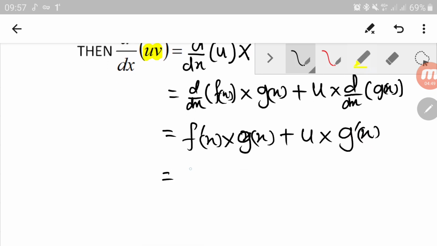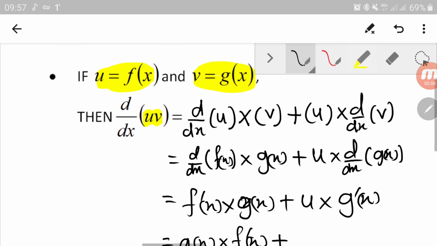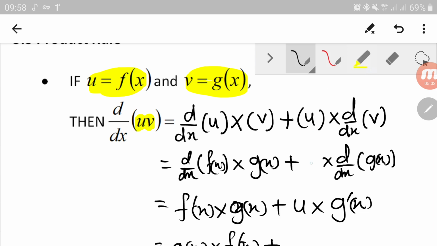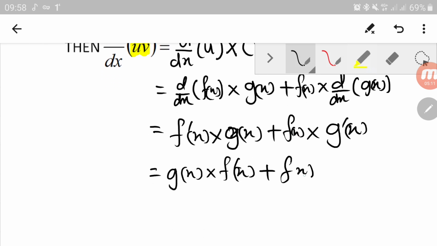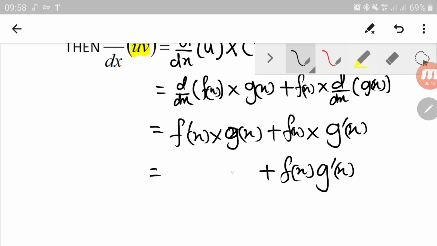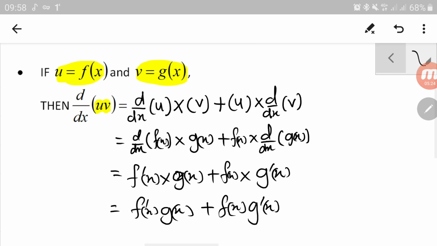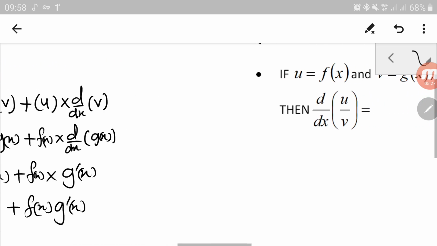So maybe I put g(x) in front: g(x) multiplied by f prime x plus u. Oh, I haven't replaced u yet, sorry. So u is f(x). So it's f(x) g prime x. So just put it in front, same thing also. Okay, so this is product rule.